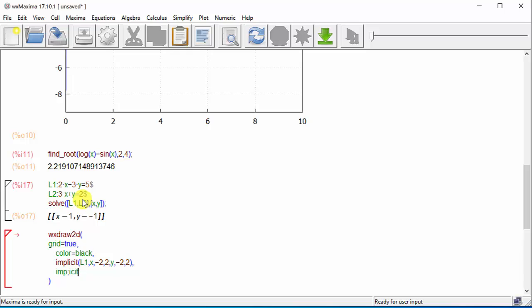I have a time getting that L on there, huh? L2, comma, x, comma, negative 2 to 2, comma, y, comma, negative 2 to 2, and then close parenthesis, comma.